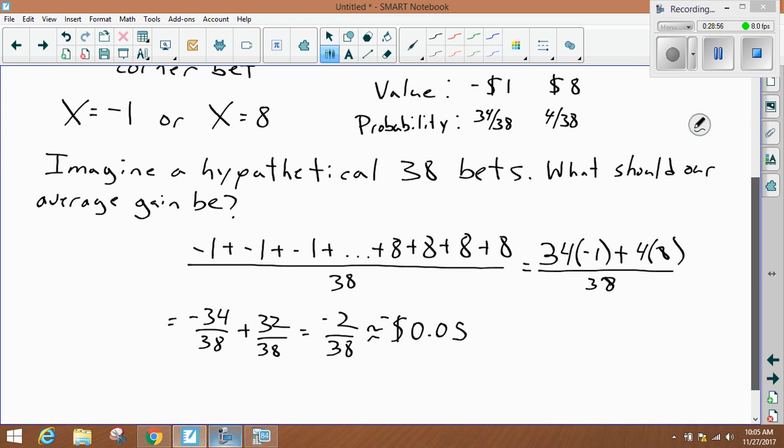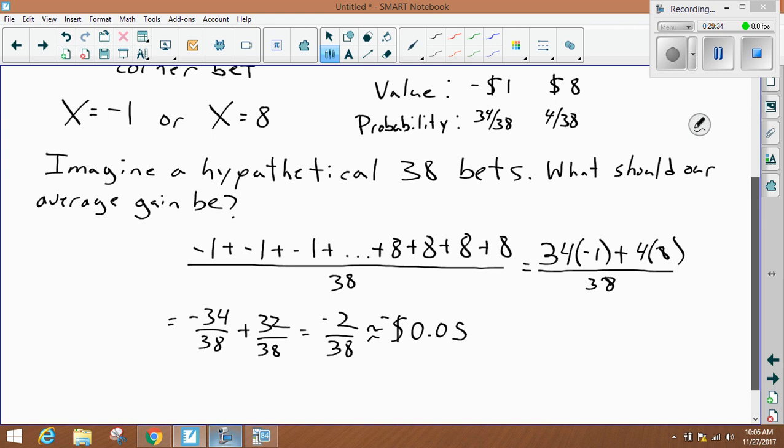So your expected loss, right? That's why your mean is called an expected value. In this case, we can actually make a prediction, right? We can say that if you were to play 38 games of roulette and make this bet repeatedly, you should wind up losing 5 cents in the long run, right? Kind of an interesting way to look at things. So we can actually make predictions based off probabilities now. We're starting to get into a whole other world with this.